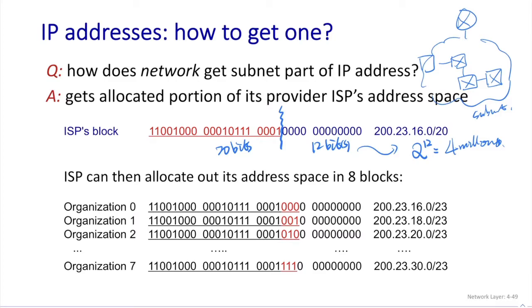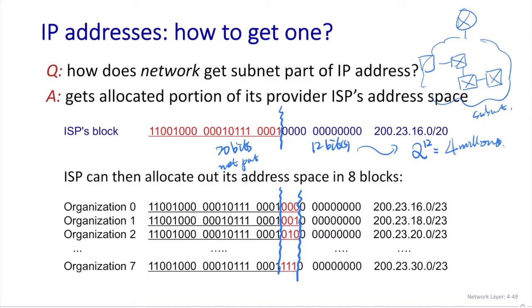So after we obtain a single IP block from your ISP, basically you will do something like this. Although the original network part is 20 bits, you can borrow some bits from your host part for the network part.